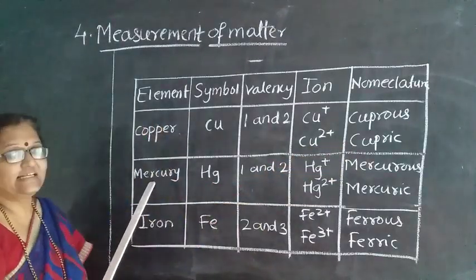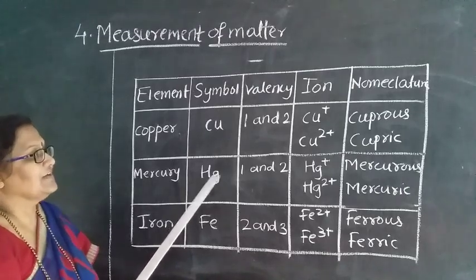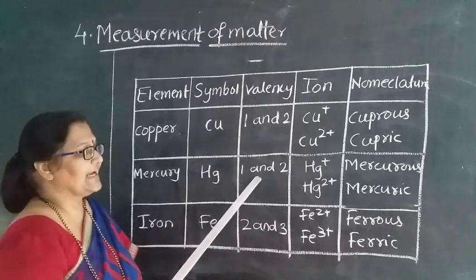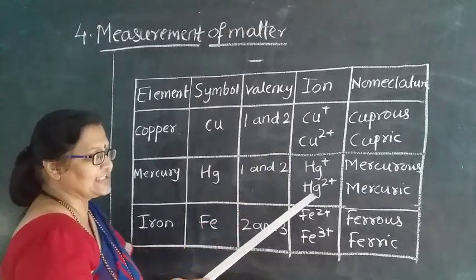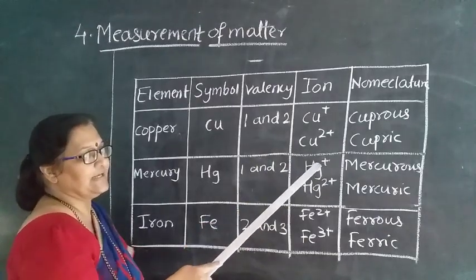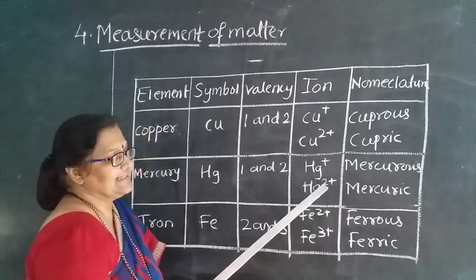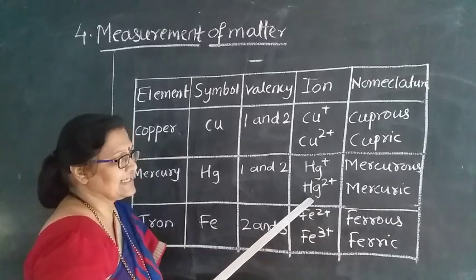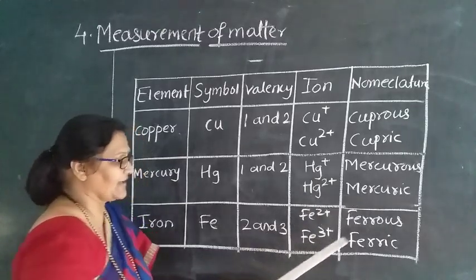Next is mercury, with symbol Hg. Valency is 1 and 2. It is written as Hg plus or Hg2 plus. When it is Hg plus, it is written as mercurous, and whenever Hg2 plus is there, it is written as mercuric.